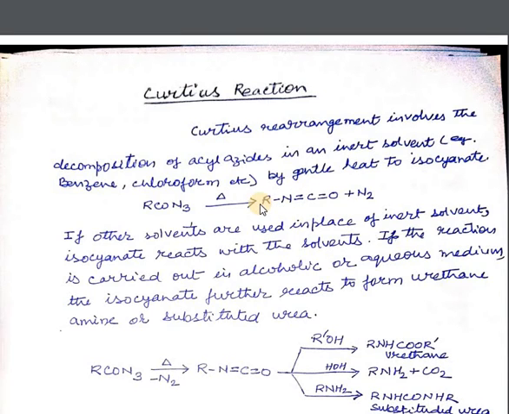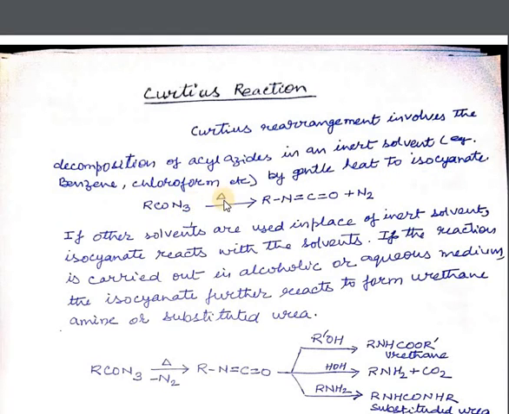The conditions are gentle heating, in presence of some inert solvent. Inert solvent is very important. So the Curtius rearrangement involves the decomposition of acyl azide in an inert solvent, for example benzene, chloroform etc., by gentle heat to isocyanate.